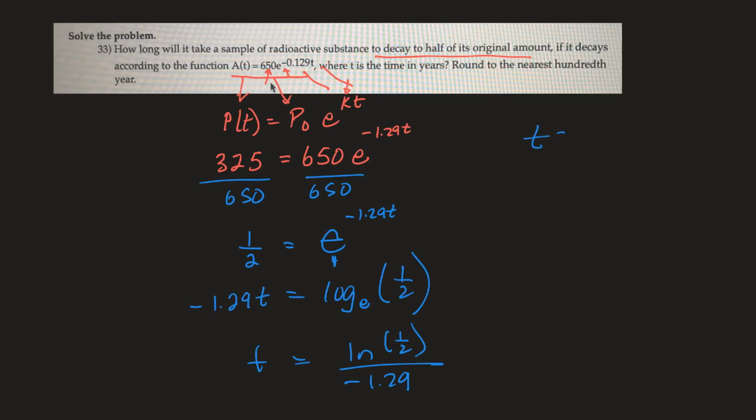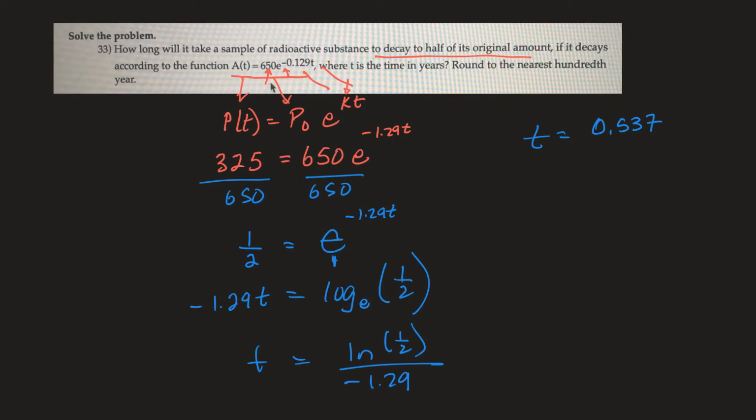Let me do that on my trusty Desmos. So I have to go ln of 1/2 divided by negative 1.29. And I'm coming up with 0.537.